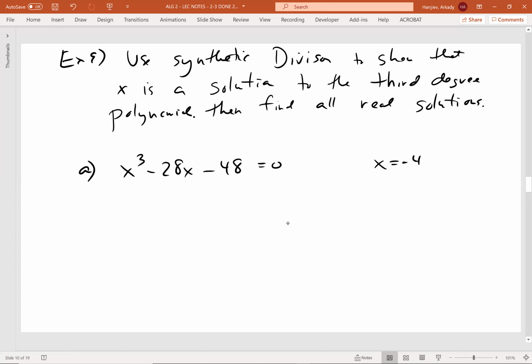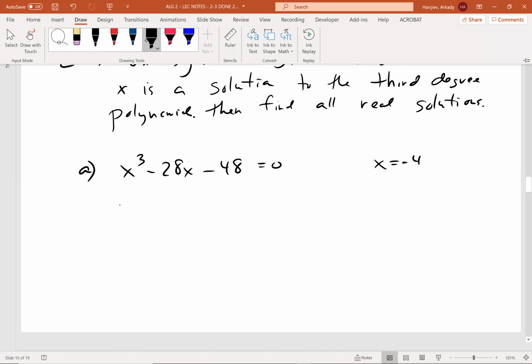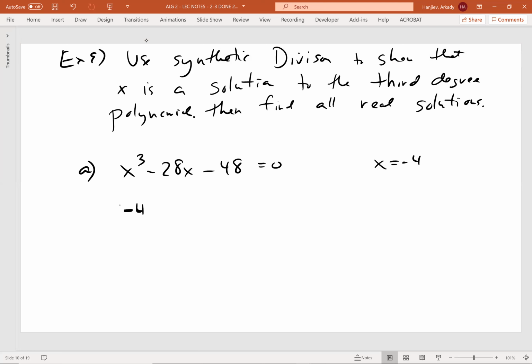One way we do it is we just say, look, how about if I plug in -4 into this? Is that the way we do it in algebra? You say if that's a solution, then this has to be true. All right, anybody -4 times -4 times -4? -64, thank you. -28 times -4.